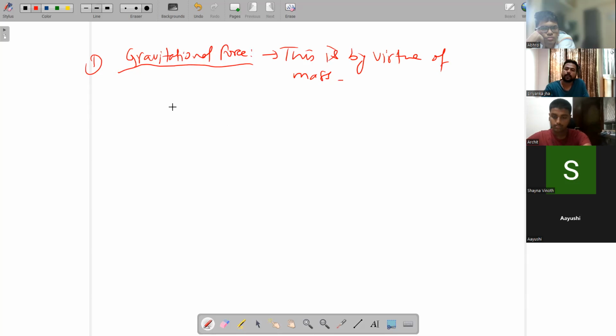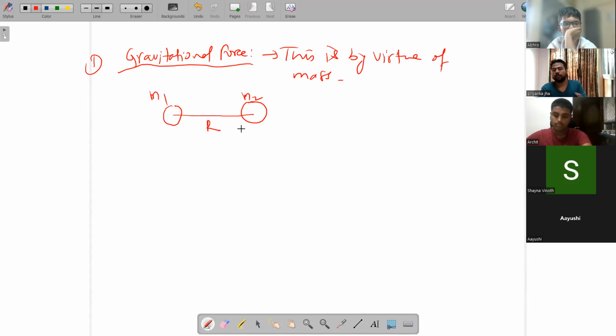We know that suppose you have 2 objects whose masses are m1, m2, and separation between their centers is r. So both of these masses will attract each other. Gravitational force is always of attractive nature.